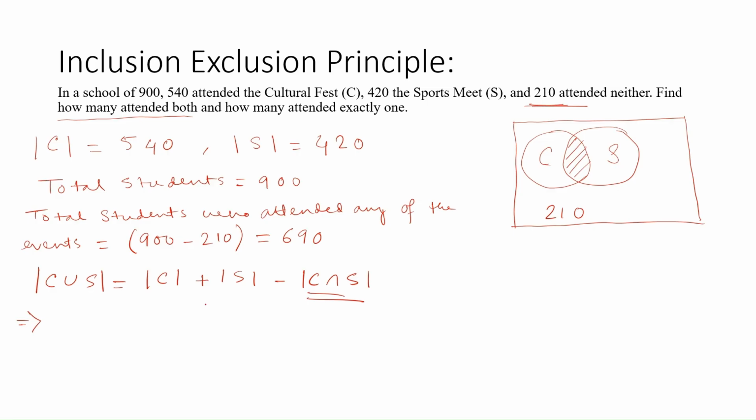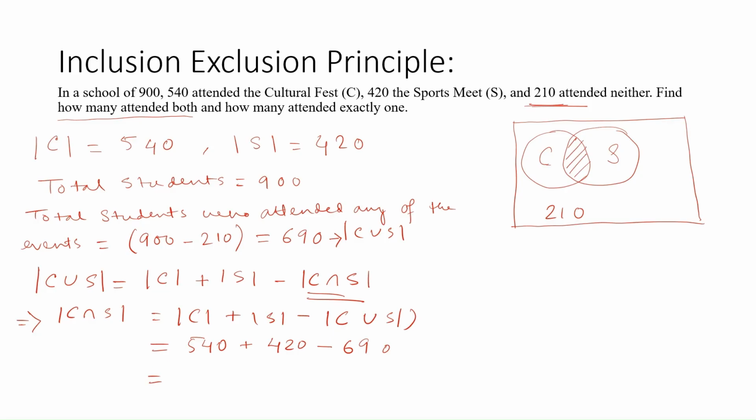So if we change the side of this element C intersection S, then we will get C plus S minus C union S. So we have cardinality of C is 540, cardinality of S is 420, minus C union S, and C union S is 690. That means total number of students who attended at least one of the events.